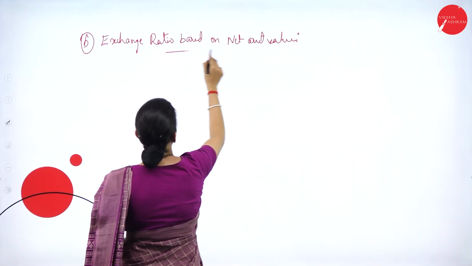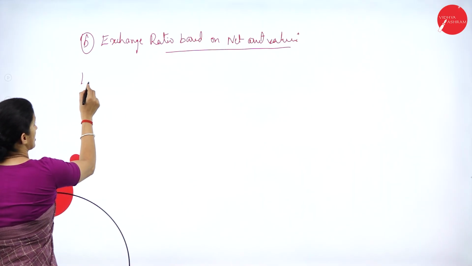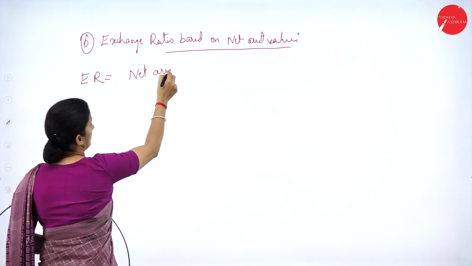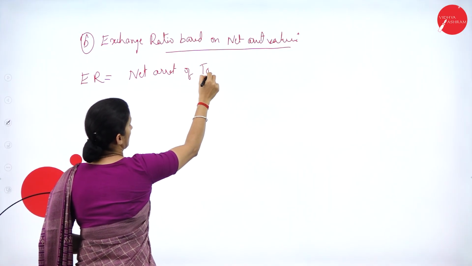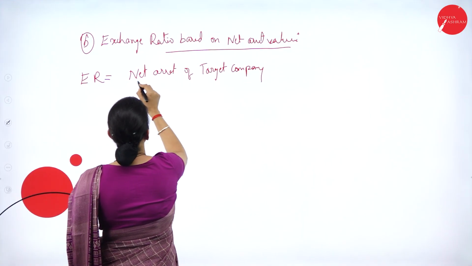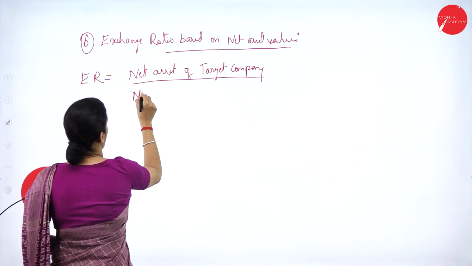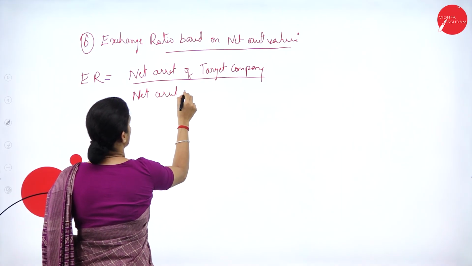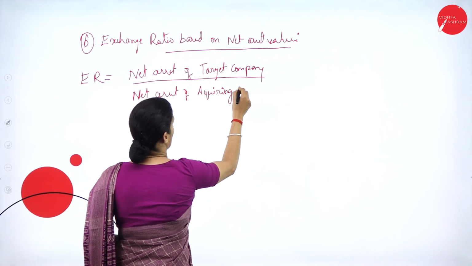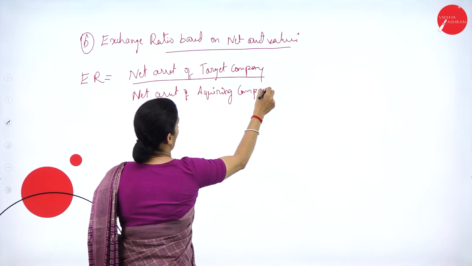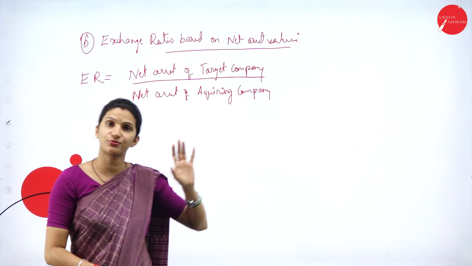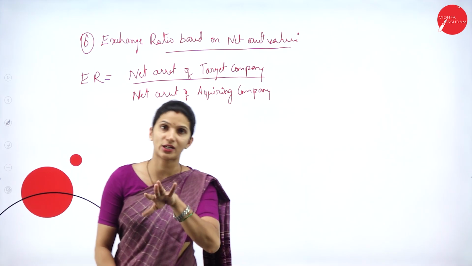Here your exchange ratio will be calculated by taking the net asset of the target company divided by the net asset of the acquiring company. So for the exchange ratio based on net asset, we will take the net asset of the target company and the net asset of the acquiring company.